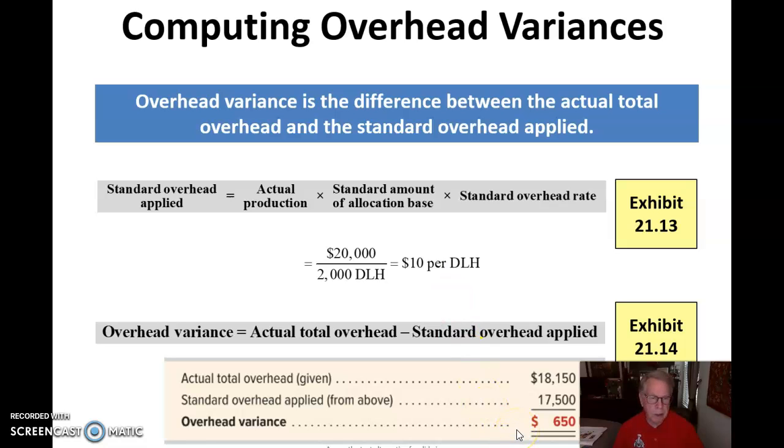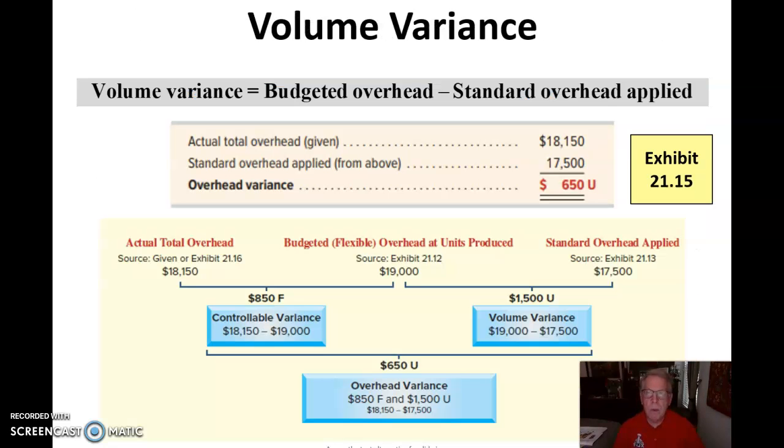And the result is our $650 unfavorable variance. Now, what we want to do is break that into two pieces: our controllable variance and our volume variance, which together make up our total overhead variance, which we just calculated as $650 unfavorable.